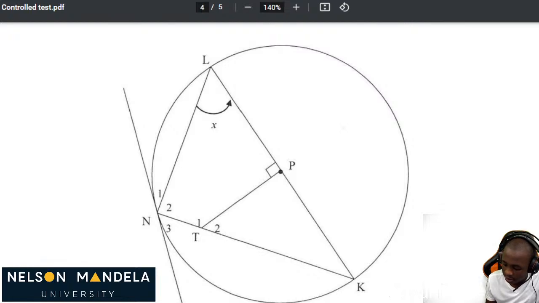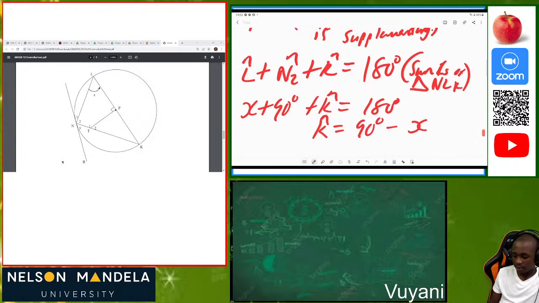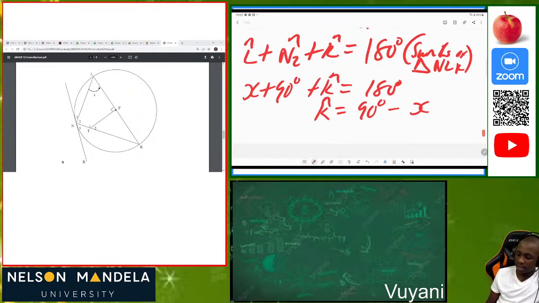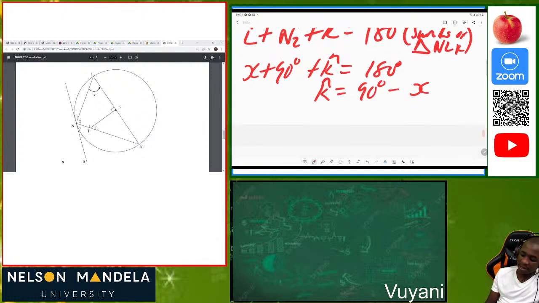Then it's X plus 90 degrees plus K is equal to 180 degrees. Then we end up having angle K equal to 90 degrees minus X, because we transpose X to that side. So we say angle L plus angle N2 plus K is equal to 180 degrees, sum of angles of a triangle NLK. Then we substitute the value of L as X, N2 is 90 degrees, so X plus 90 degrees plus K is equal to 180 degrees. So now we can have K to be 90 degrees minus X.